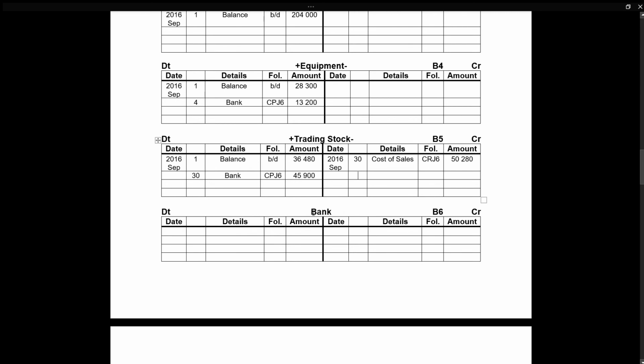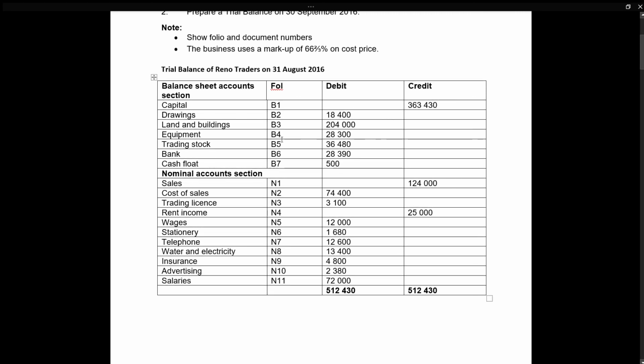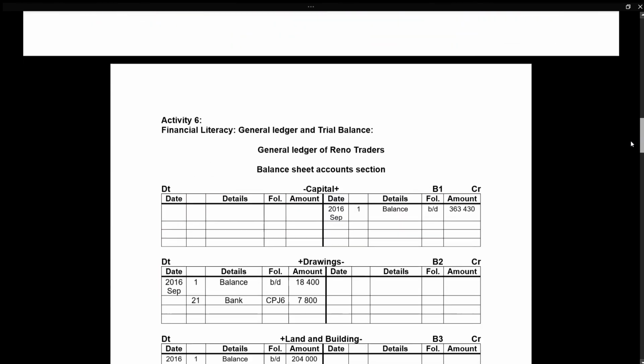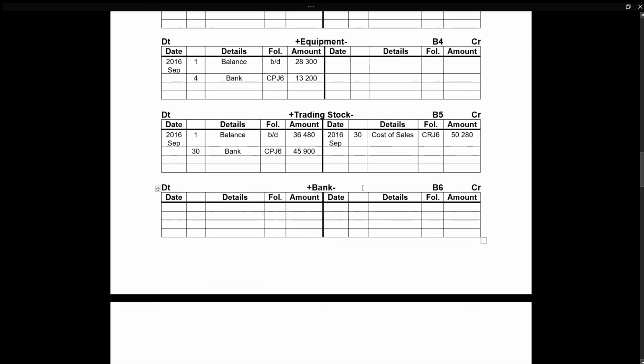Next one, bank. Bank is also an asset account. So plus, minus. It will increase in the debit side and decrease in the credit side. Let's go and find my opening balance. Bank 28,390 Rand, and my folio number B6, they provided me with that, so I'll just write it above my general ledger account B6 as well.